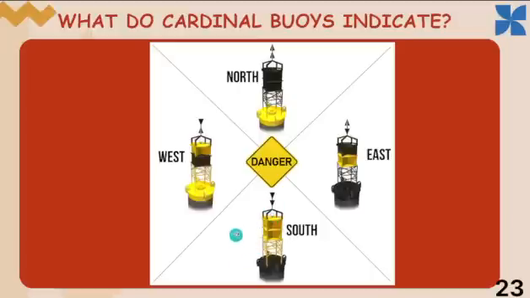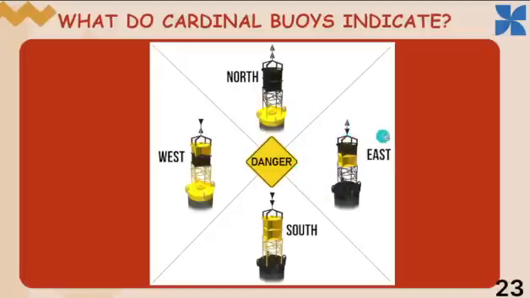So that's the south. And in your right side, the east: two black cones pointing away from each other, a yellow band with black top and bottom.